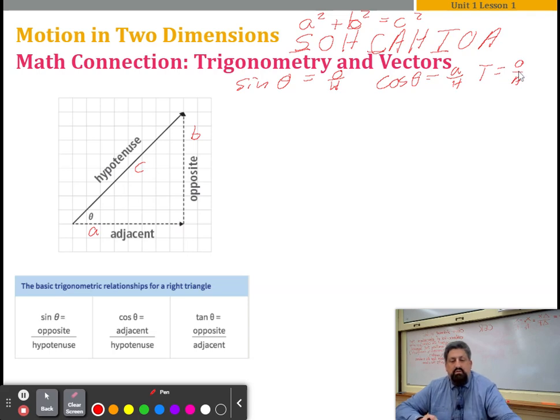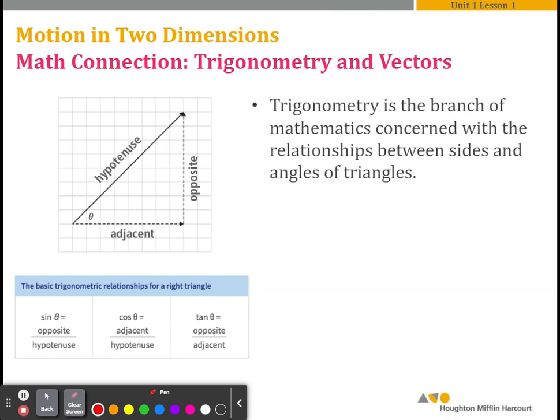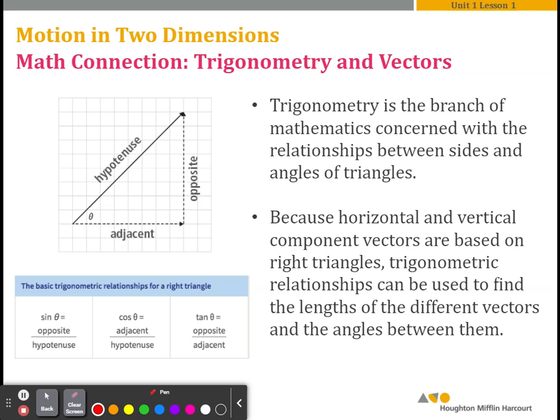Okay, we'll review this in class in case you have difficulty with it, and we'll get some practice with this as well. So trigonometry tells us the relationships between the sides and the angles of triangles, specifically right triangles, because horizontal and vertical component vectors are based on right triangles.